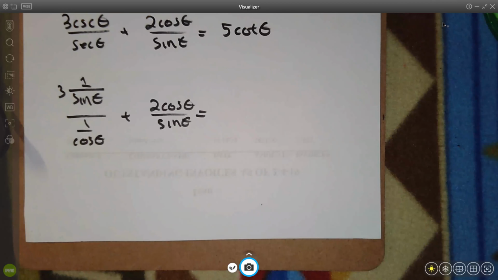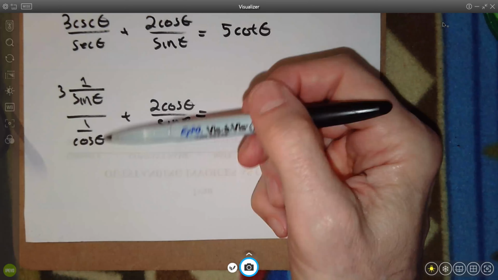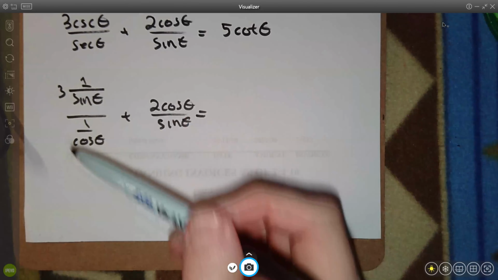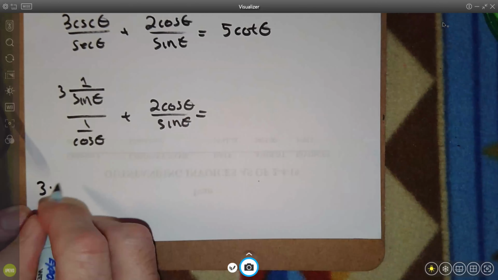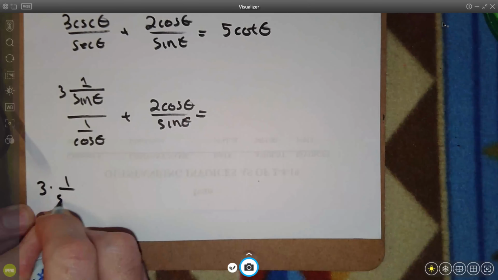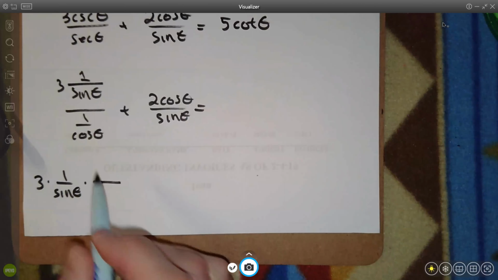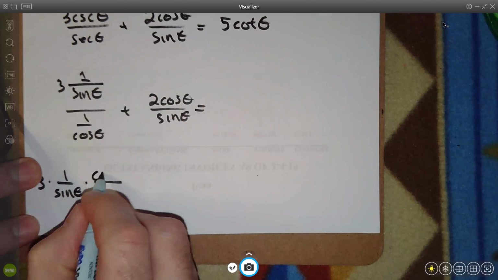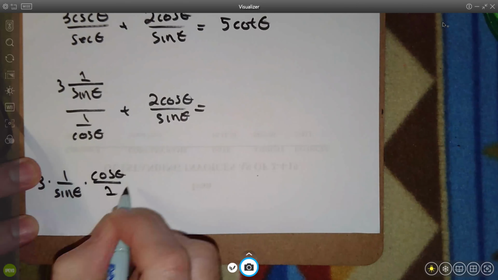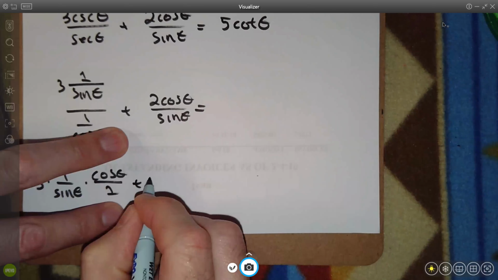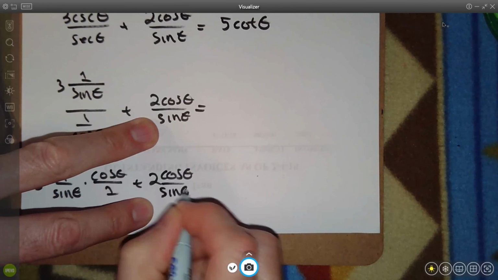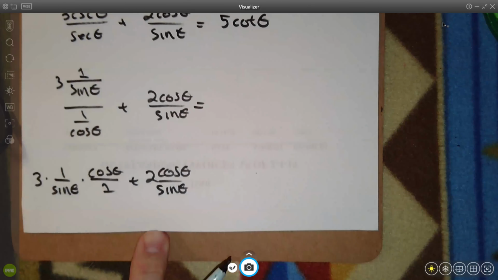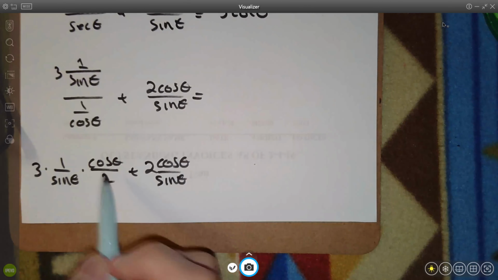But this is a nice reminder, and we just used this trick a minute ago. When you divide by a fraction, you invert and multiply. So it'll give me 3 times 1 over sine of theta times cosine of theta over 1, and 2 cosine of theta over sine of theta. Is there any cancellation here?